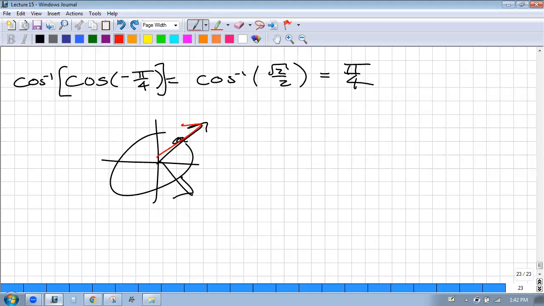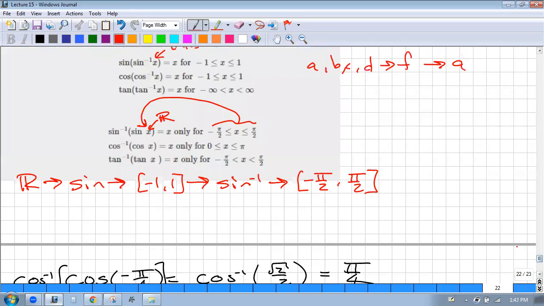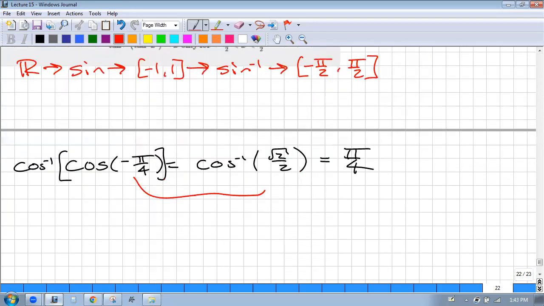It says, yeah, pi over 4. They have the same x value, root 2 over 2. So that's how you know whenever you're going to get your x's back and when you're going to get something related. These two numbers are related because cosine of both of them is root 2 over 2, all right?